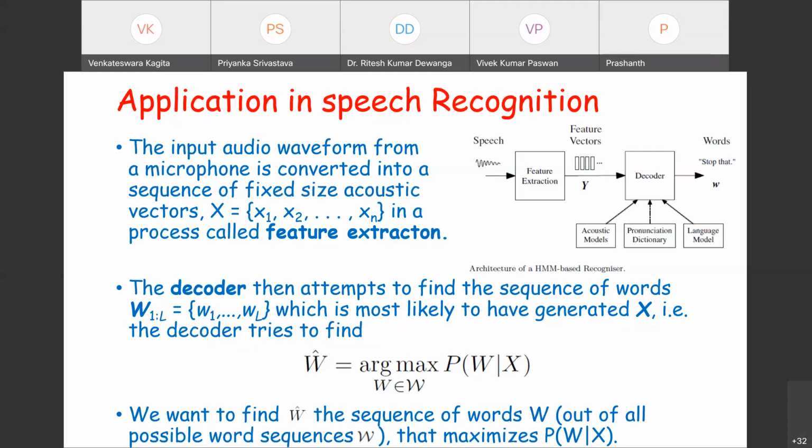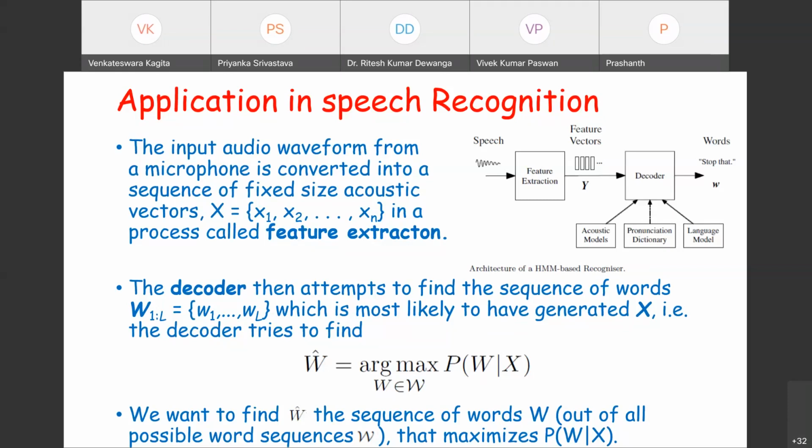Right. So what are we interested in? We have observed X and we are interested in predicting the sequence of words that would have generated this X. So if you see the umbrella case, what are we doing? We know the sequence of observations about the umbrella. We are trying to predict the sequence of days, or the states, that would likely have generated these umbrella observations.